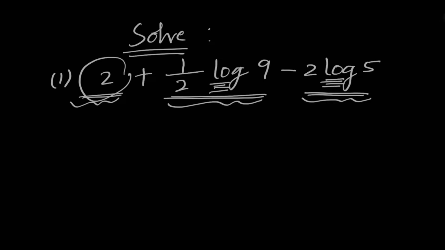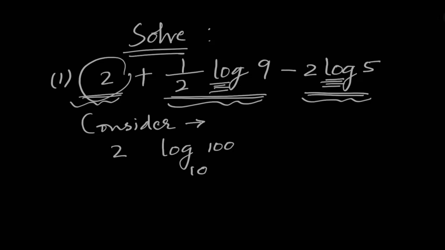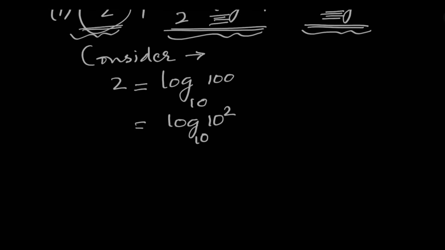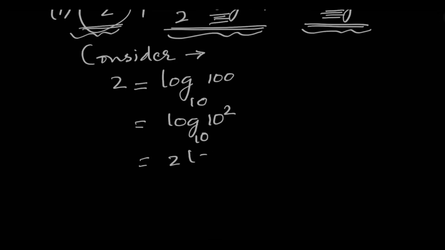So how do you convert this 2 into the logarithmic form? Consider 2. 2 can be written as log 100 to the base 10. 2 is equal to log 100 to the base 10. That means log 10 square to the base 10, which is equal to 2 log 10 to the base 10, which is equal to 2.